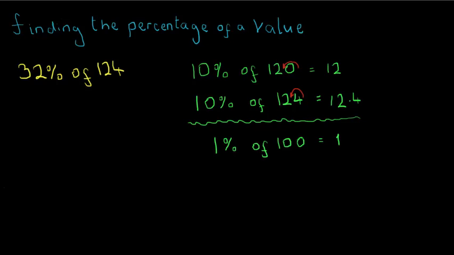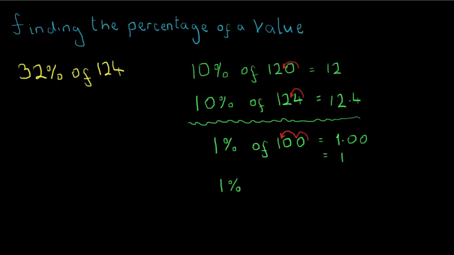Or we could think of the divide by 100 visually as moving the decimal 2 places to the left, and you can see now that instead of writing 1, I could have written it as 1.0, which is of course the same as 1. So whilst for 10% of a number that doesn't end in 0 you move 1 place to the left, for 1% of a number that doesn't end in 2 zeros, you move 2 places to the left.